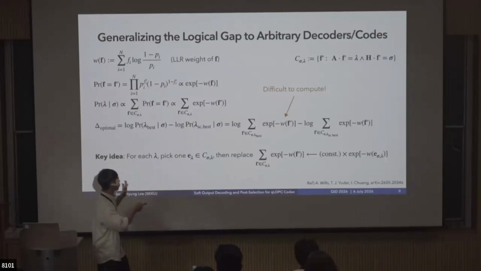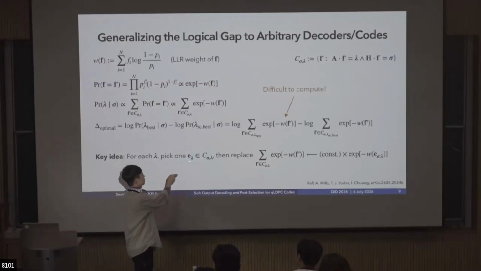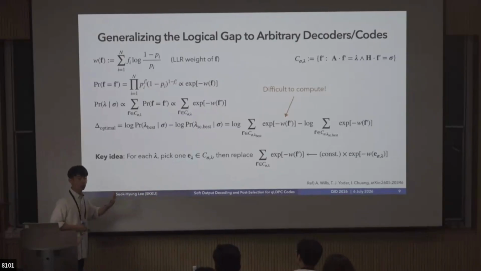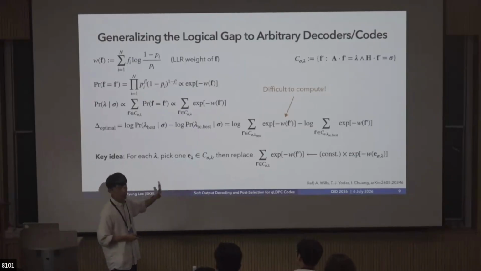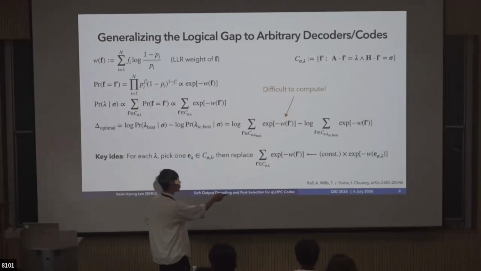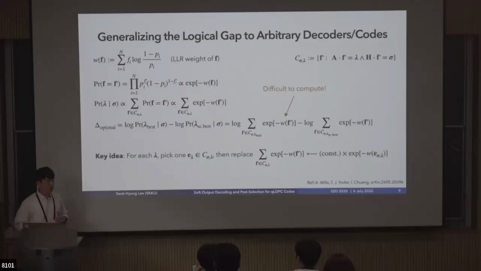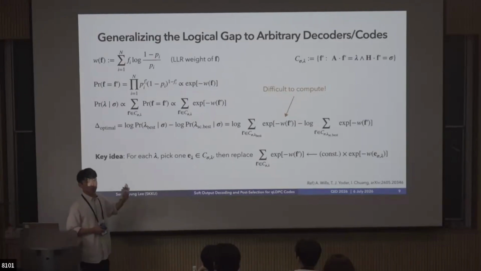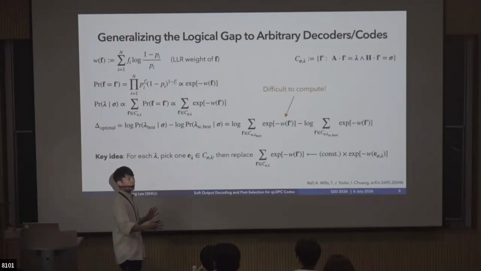And second, we could always find such a maximum likelihood correction. If this error is the maximum likelihood one, then this replacement would be more valid. And third, this constant factor means the entropy term, I mean, the number of such maximum likelihood errors should not be hugely different between logical classes.